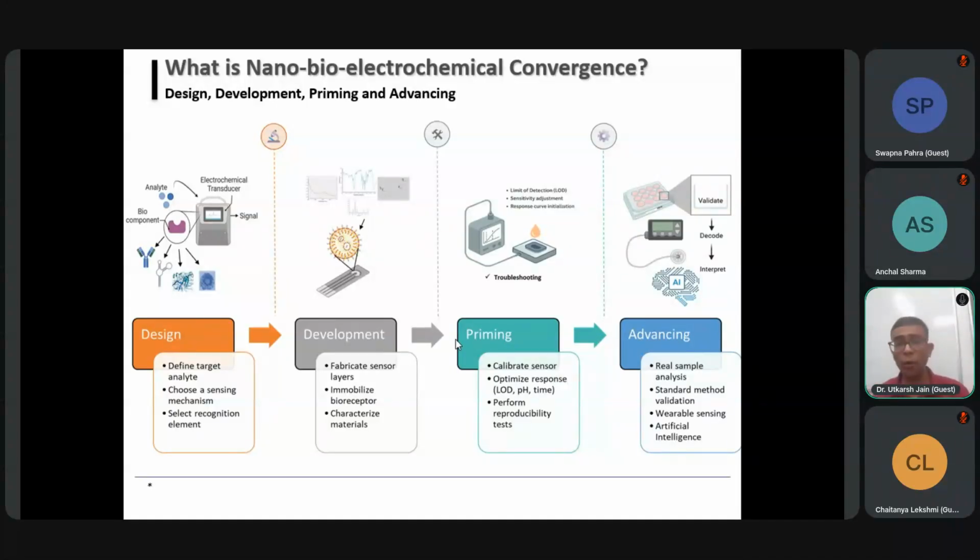I can tell you that only 0.5% of the real biosensing approaches are convertible at this moment into biosensing devices. So we need to focus on this priming part a lot once we have developed a device, to convert it into the commercial perspective.